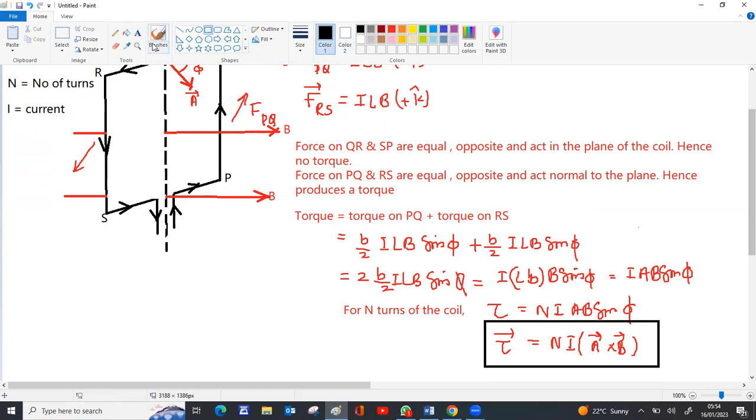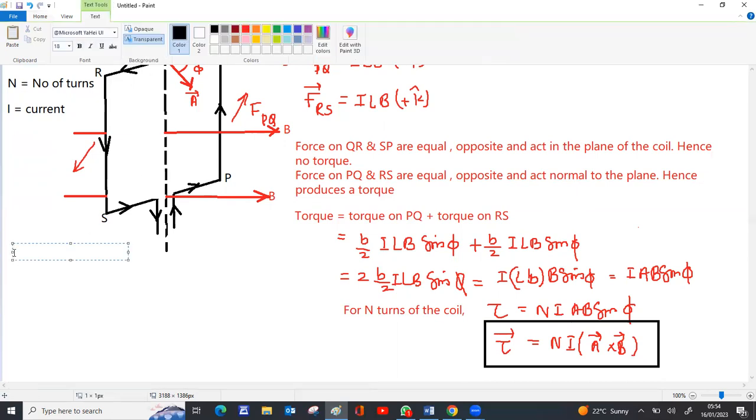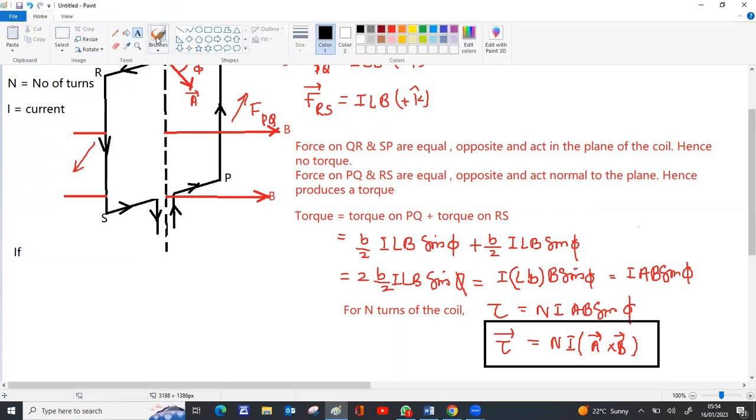Now, if theta is 90 degrees, sin 90 will be 1, maximum. The torque will be just N I A B, which is the maximum torque.